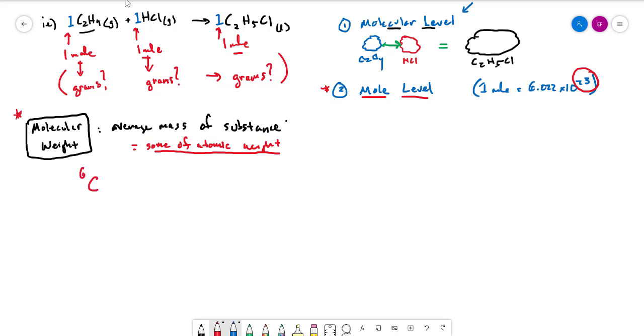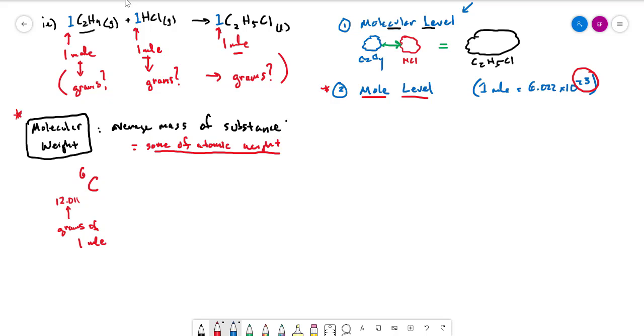Carbon, which has 6 protons, has a weighted average of 12.011. We said that number was the mass of 1 atom of carbon, but it was also the mass in grams of 1 mole of carbon.